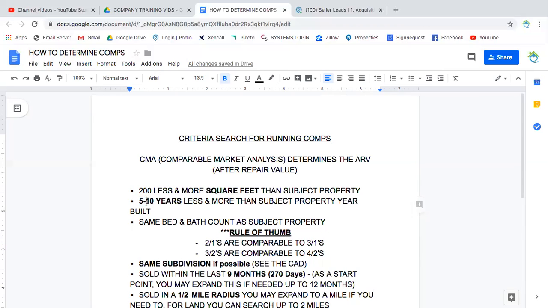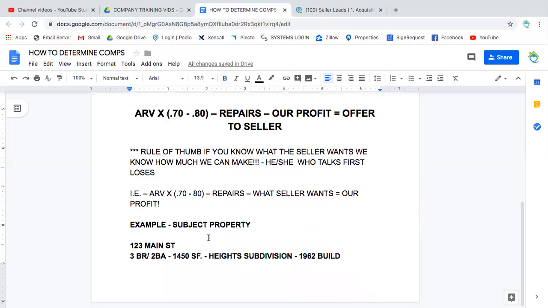So you can search 5 years initially, and you can go all the way up to 10 years plus and minus. An example on a 10-year range: in my range section, I'm going to search 1952 to 1972, which is 10 years less than and 10 years more than our subject property.